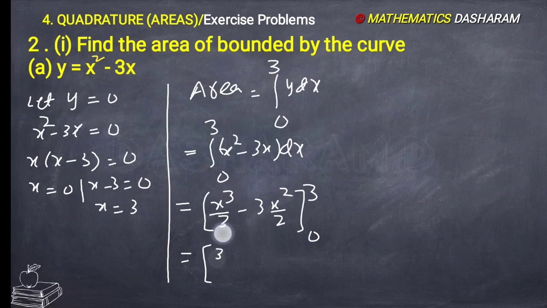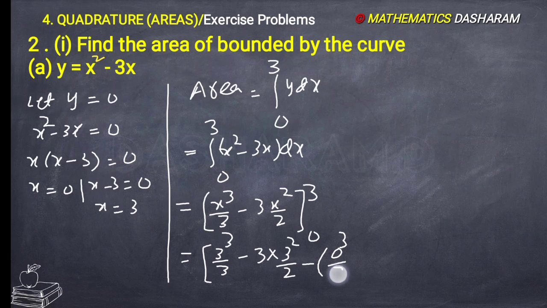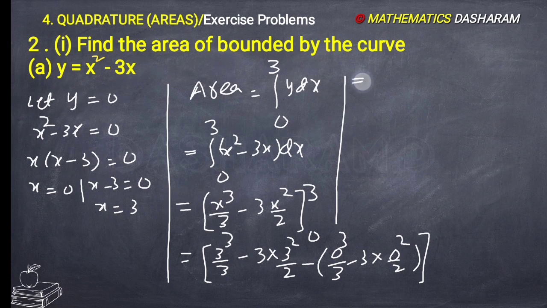First upper limit, 3 cube by 3 minus 3 into 3 square by 2, minus, take the bracket, 0 cube by 3 minus 3 into 0 square by 2. So it is equals to 3 cube is 27 by 3 minus, here 3 into 3 square, 27 by 2, and this total value is 0.